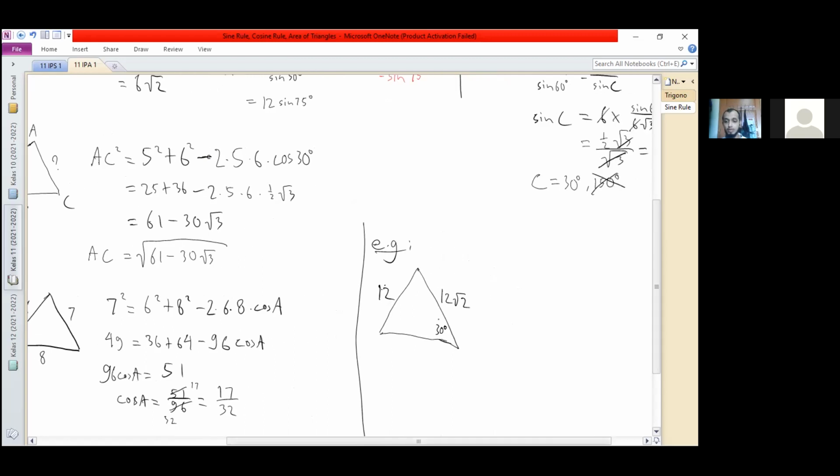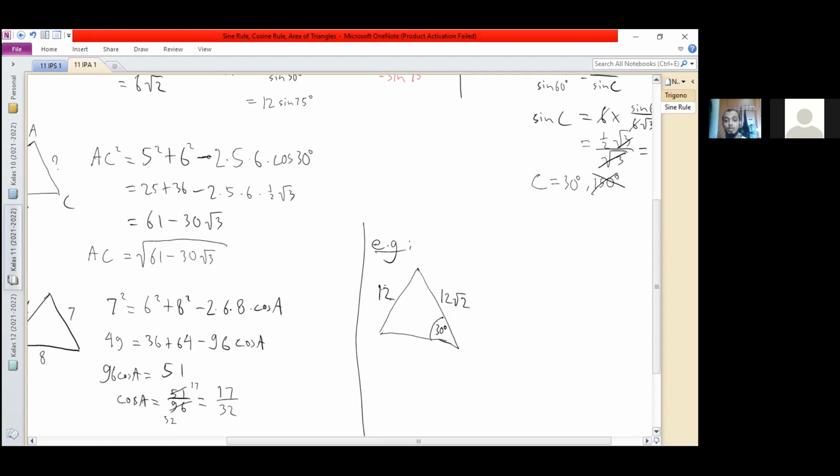Okay, now we want to find the other side. So how to find the other side? We can use the cosine rule again, or we can do it by using the sine rule.